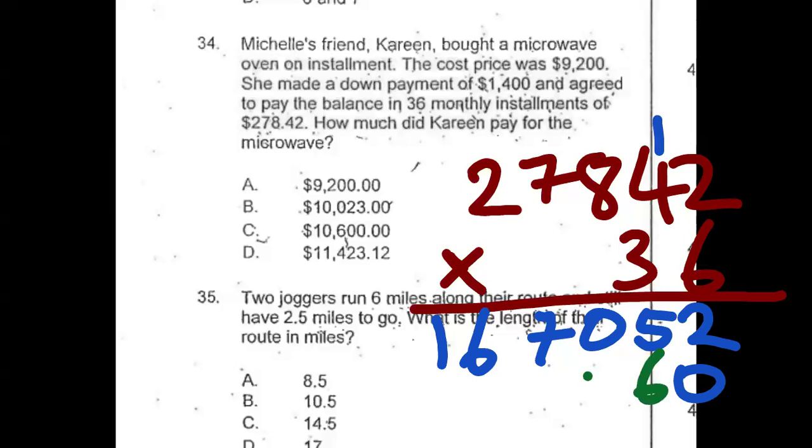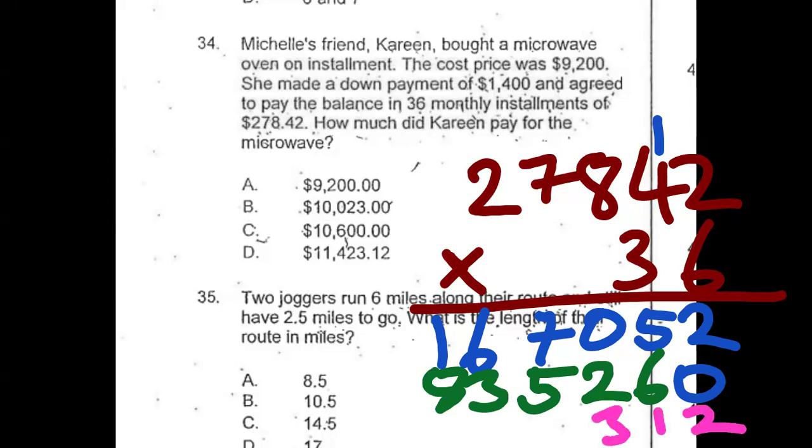6, 12, 25. It's 25. 2 goes up there. 2 plus 21 is 23. 2 plus 6 is 8. Okay. So 1 here, 2 here, 3 there, 2 there.